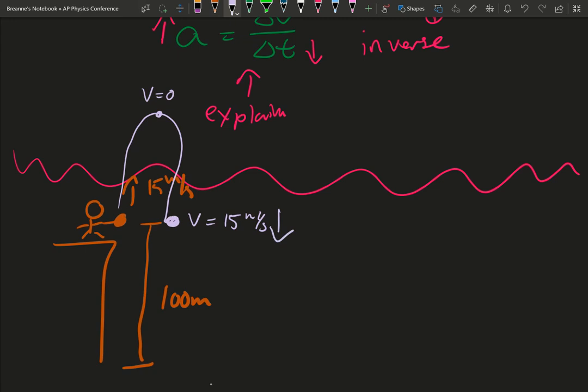Remember, when an object's going up and coming back down, if you're at the same height, it's the exact same velocity, just different directions. So we don't even have to worry about this little extra jaunt there.